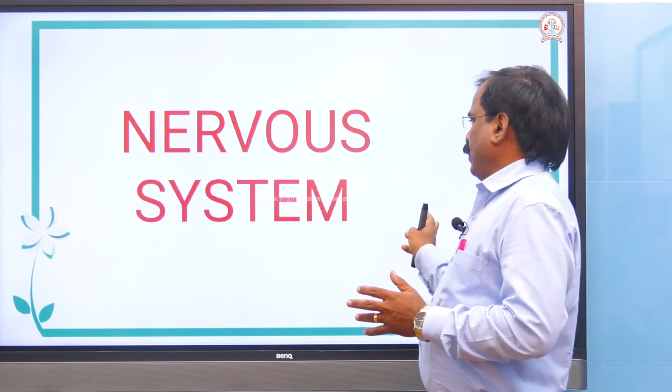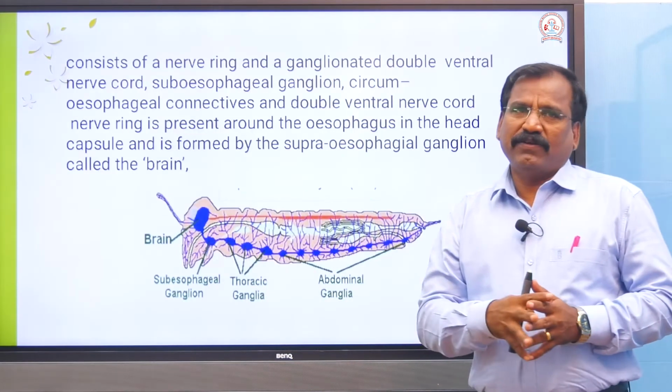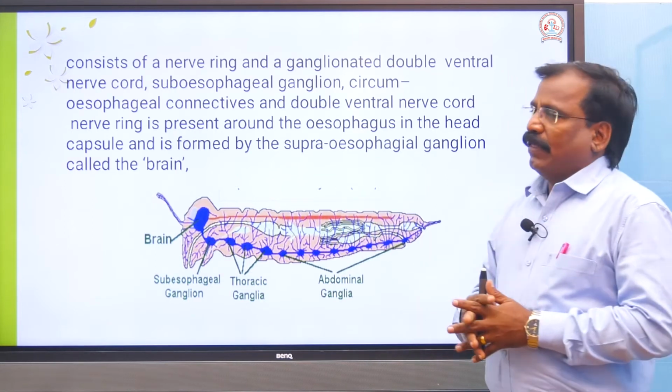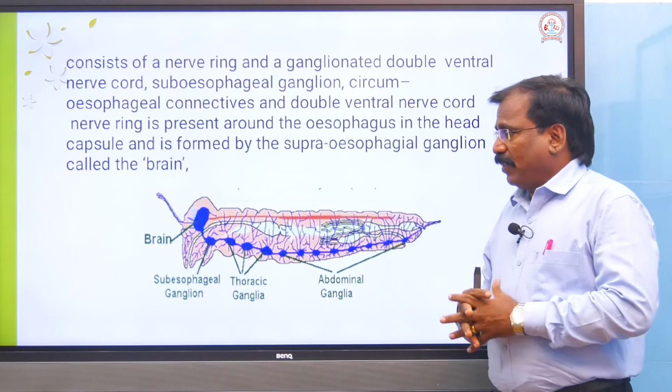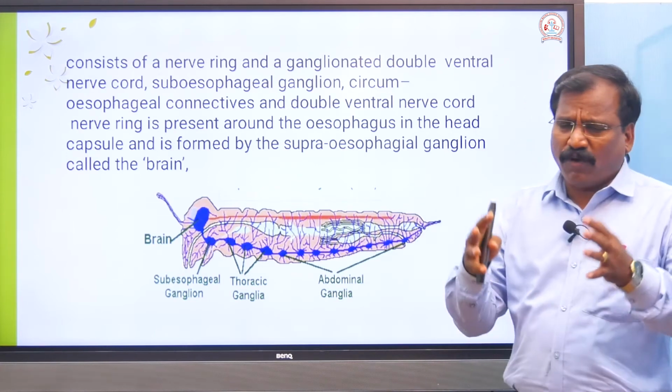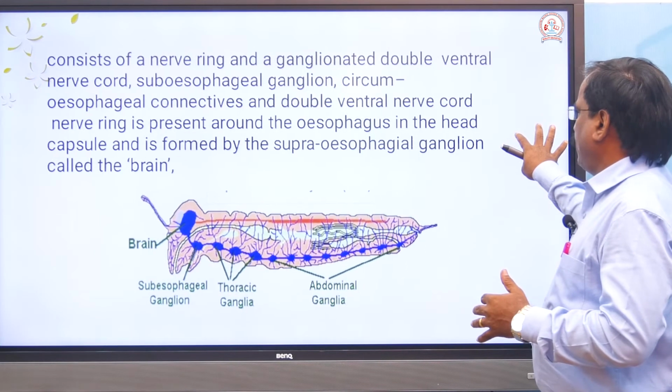Let us discuss how the nervous system is arranged in the cockroach. What are the components of the nervous system of cockroach?